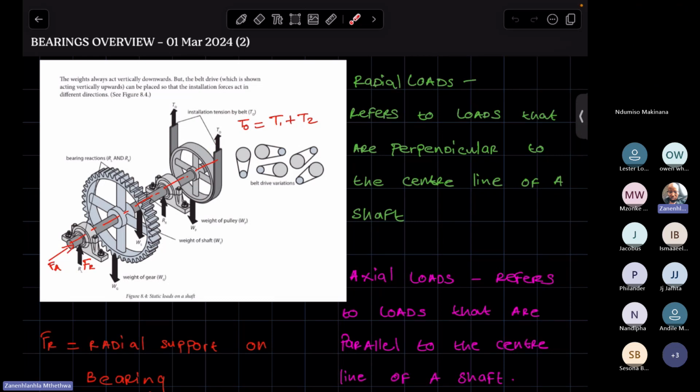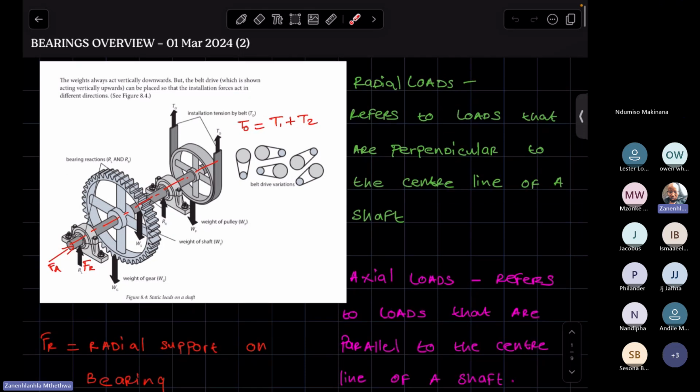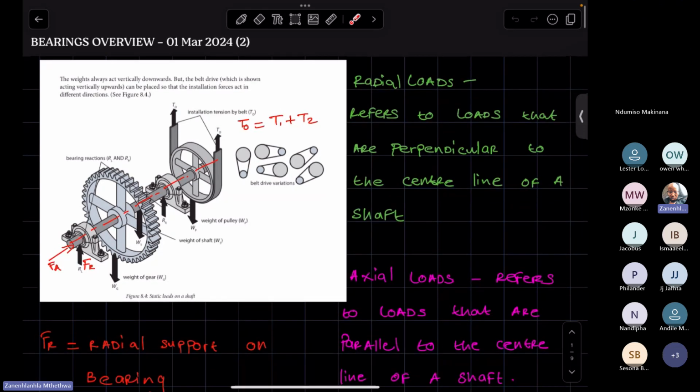Just for interest's sake, this will be covered more when we look at belt drives. When the belt drive is transmitting torque, hence transmitting power, the load is no longer static but dynamic. The dynamic load for a belt drive is known as effective tension.